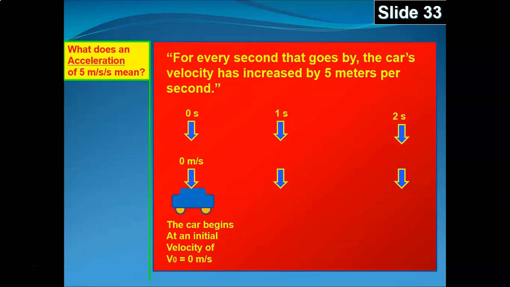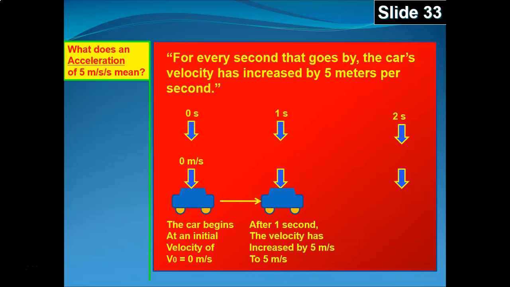So what it means is that for every second that goes by, the car's velocity has increased by 5 meters per second. Let's say at time 0, the car's initial velocity is 0 meters per second. So that's V0. The car begins at an initial velocity of V0 equals 0 meters per second.